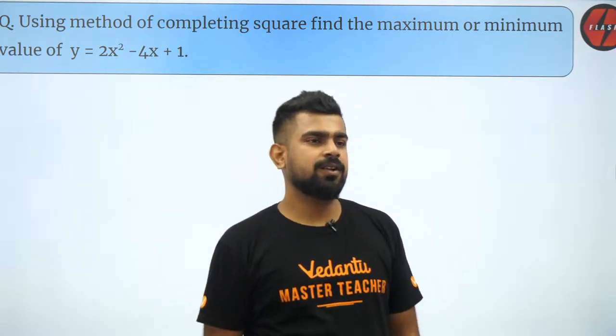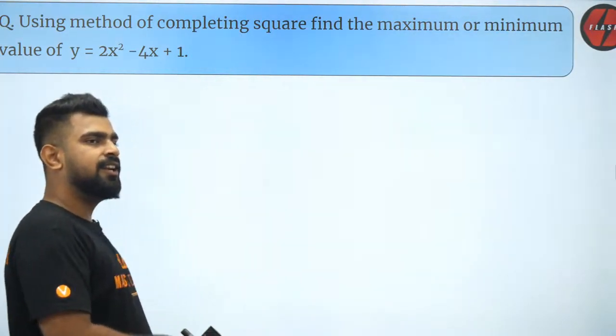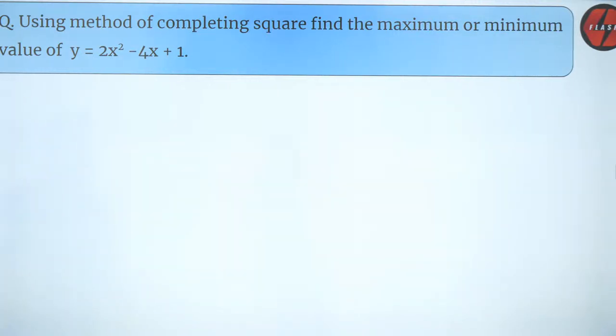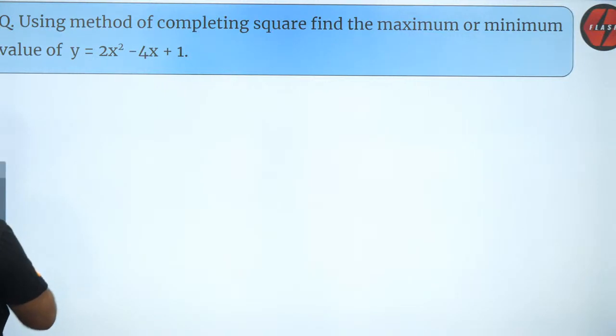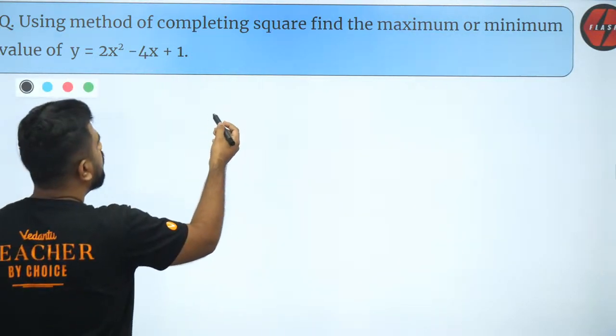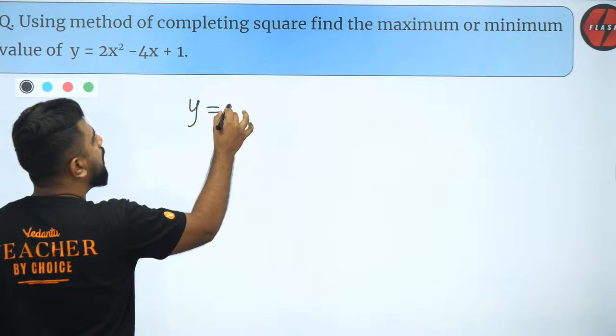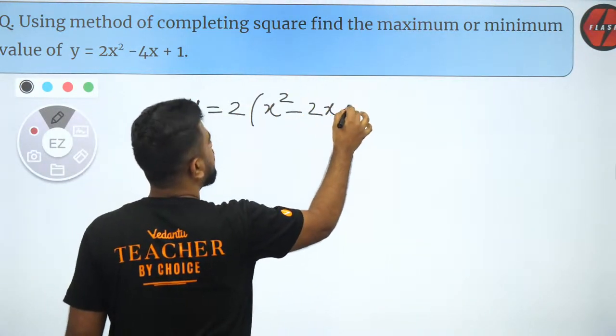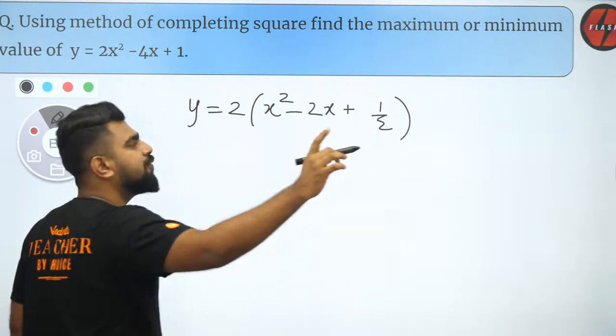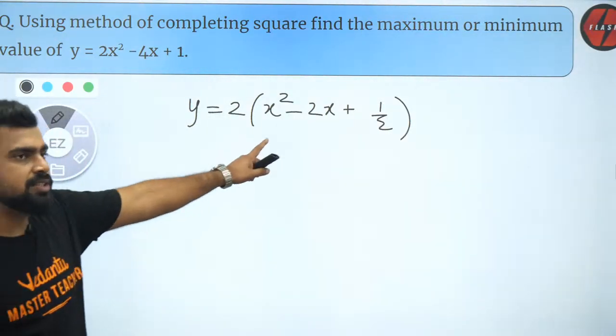Very good. Looks like people have already done it. So let me check. How do we solve this? First of all, I will take 2 common, which will give me x square minus 2x plus half. This is the first step. Did you all do this?